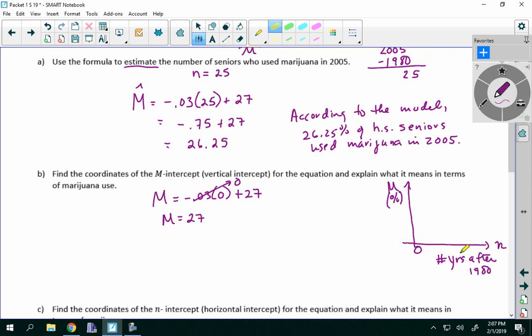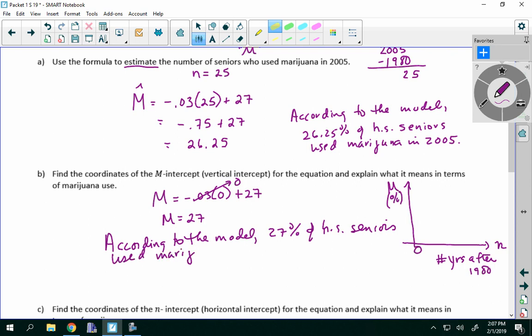We're not any year beyond 1980, and we're not any year back into the past. So to interpret this, you could say something like this. There's lots of ways to say it. According to the model, 27% of high school seniors used marijuana in 1980.